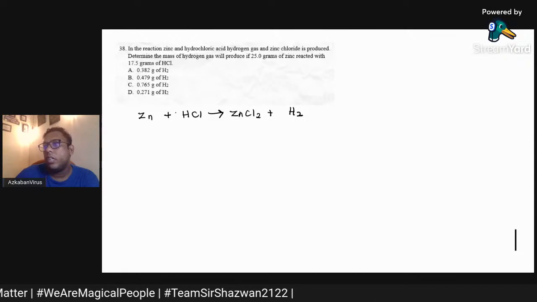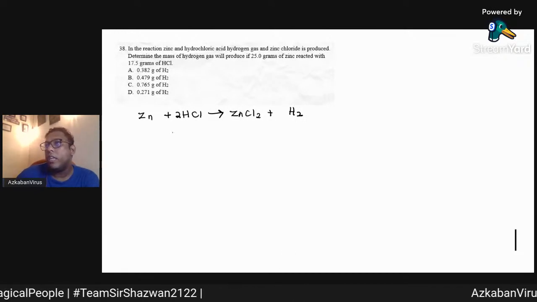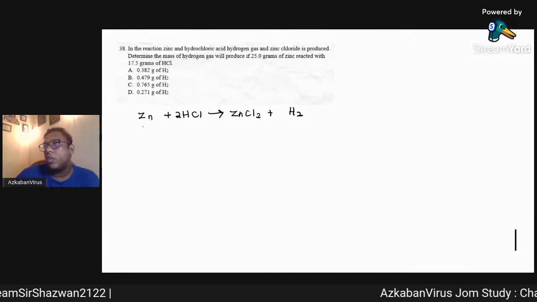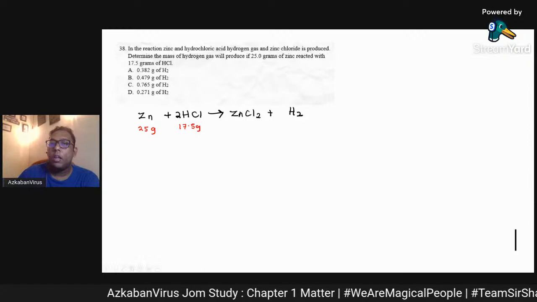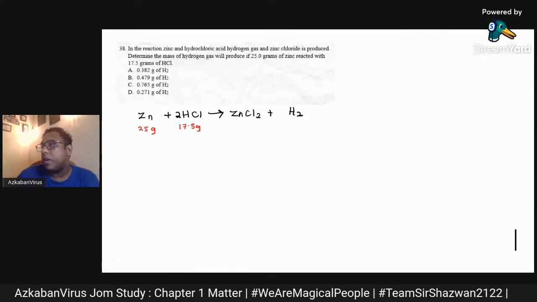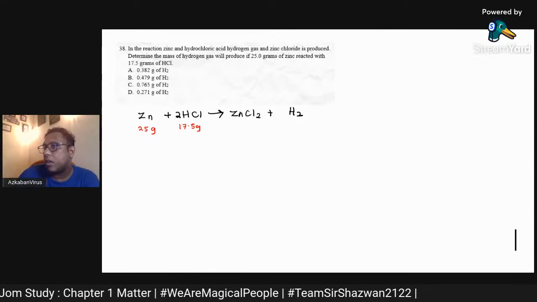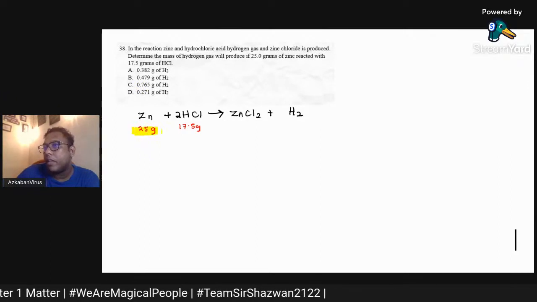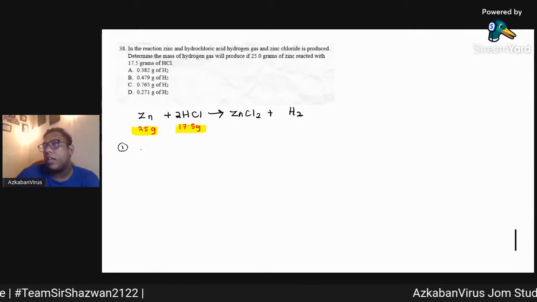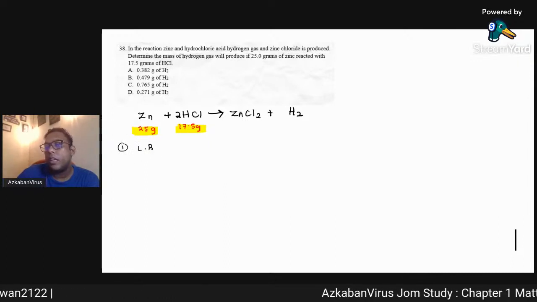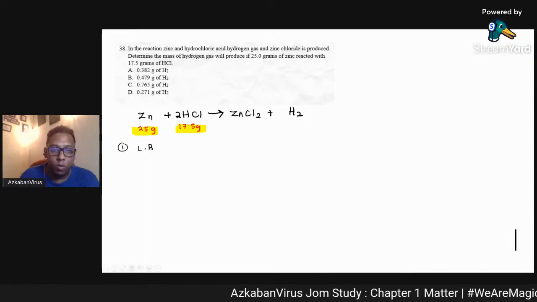Balance equation ini darab 2. Information yang diberikan ini adalah 25 gram. Ini adalah 17.5 gram. Bila you ada dua mass, so first thing first, cari limiting reactant. Cari limiting reactant dulu.